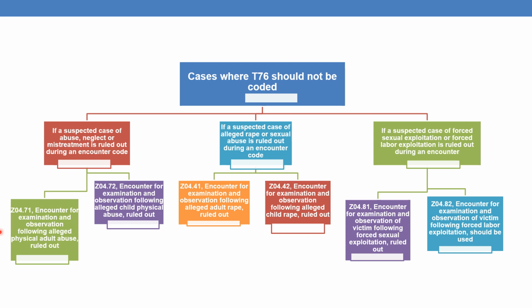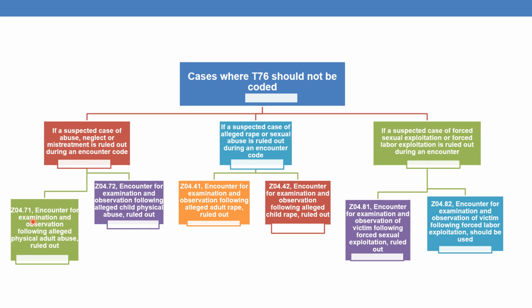Z04.71, encounter for examination and observation following alleged adult physical abuse ruled out, or Z04.72, encounter for examination and observation following alleged child physical abuse ruled out.